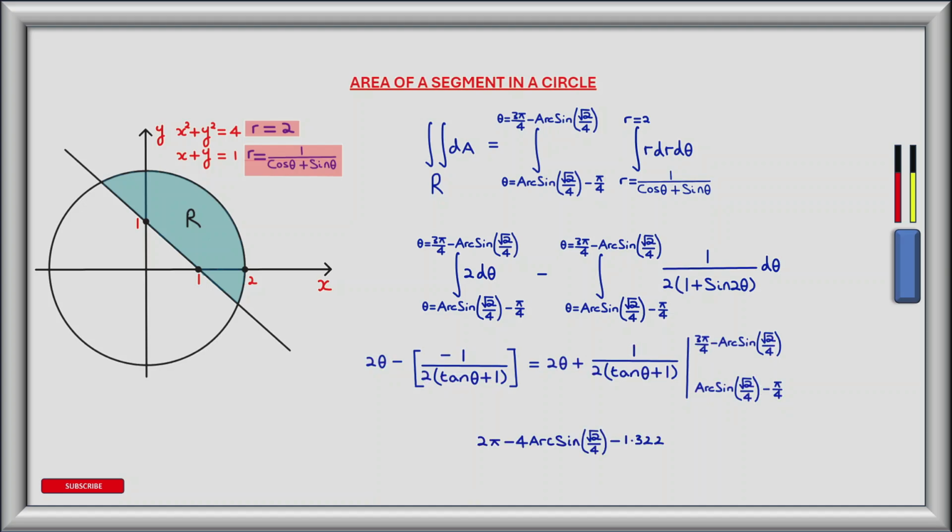If we now plug our upper and lower limits of theta into 2 theta, we get 2 pi minus 4 times arc sine of the root of 2 over 4. And if we do the same for 1 divided by tan theta plus 1 times 2, we get a value of minus 1.322. And this gives us our final result.